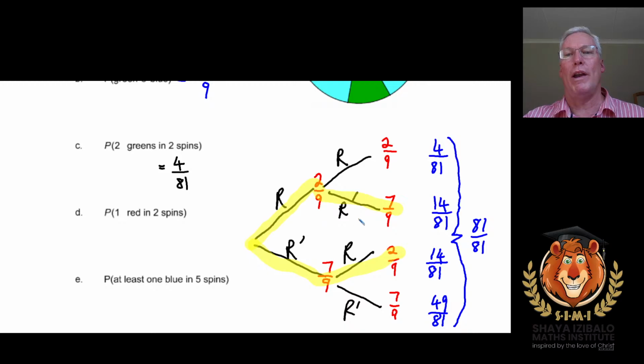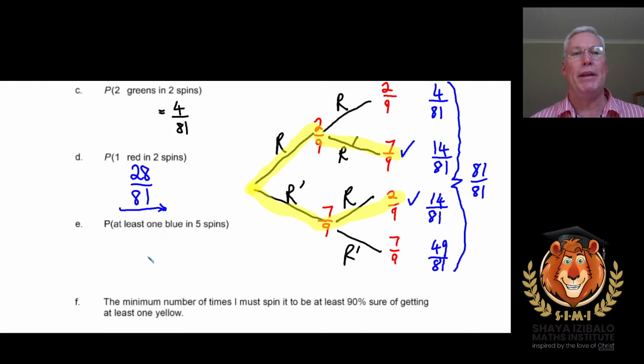But the probability of 1 red in 2 spins is on this branch or this branch, so we're going to add, giving 28 out of 81. Okay, the probability of at least 1 blue in 5 spins. We don't want to be drawing a complicated tree diagram here, but on the formulae slide at the front, the probability of at least 1 is 1 minus the probability of none.